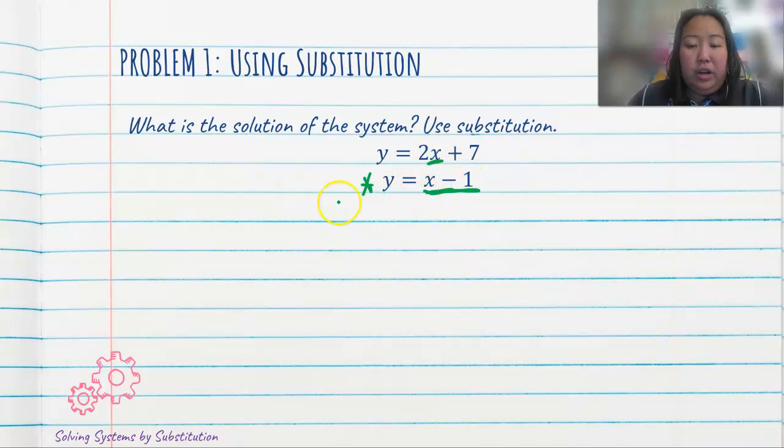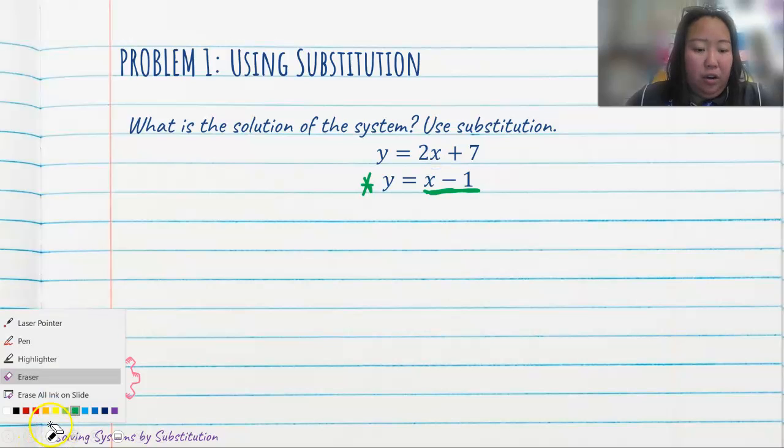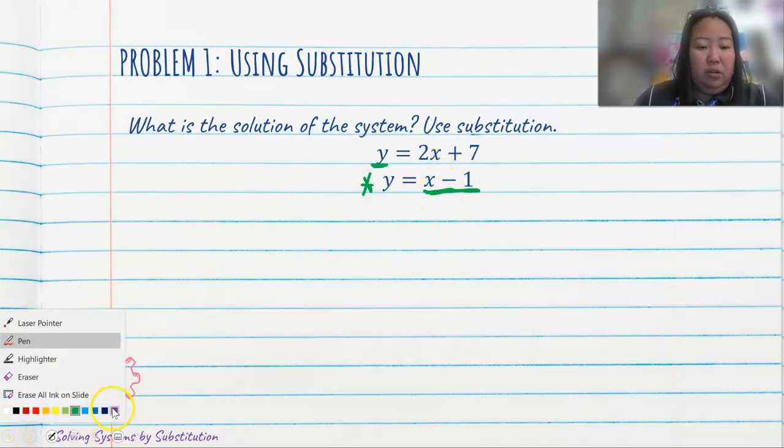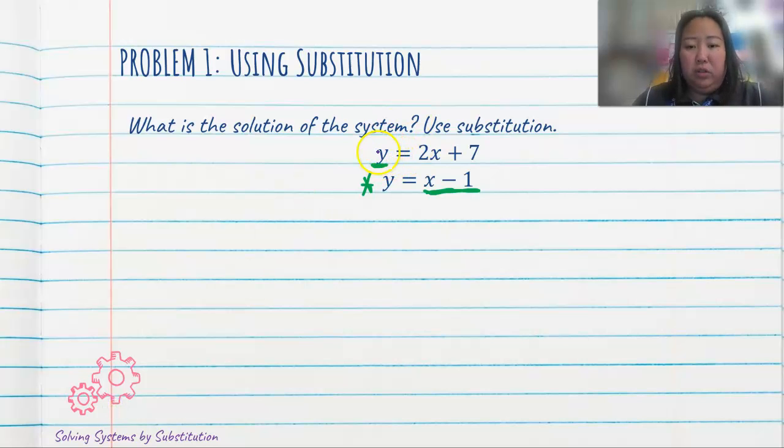What we will do is we will replace this y, I should say, my bad. I got it wrong. So we will replace the y over here. Okay, this y, we will replace that by this expression, okay? So remember, y is equal to 2x plus 7, so this y will now become x minus 1, okay?